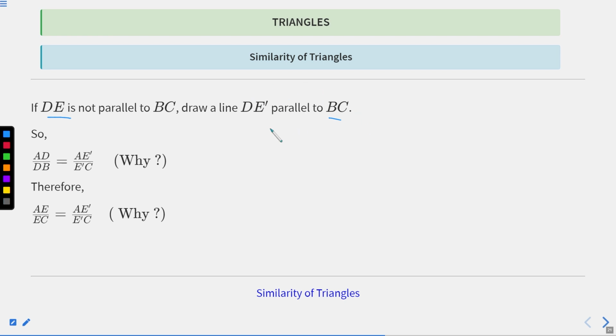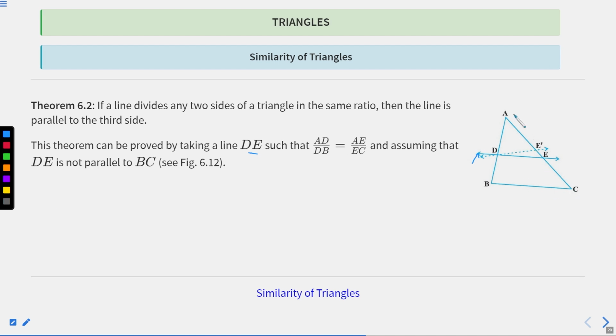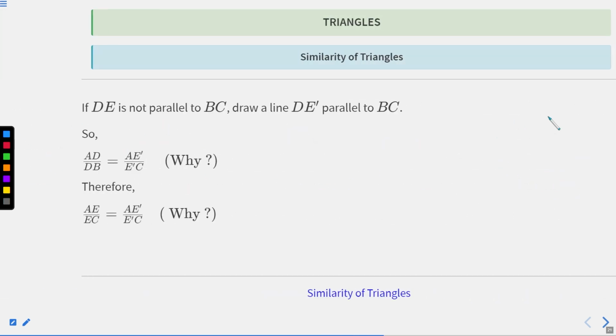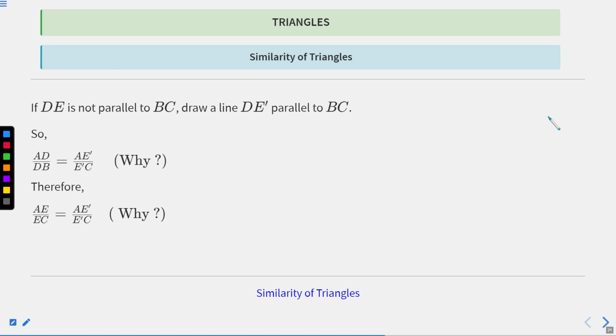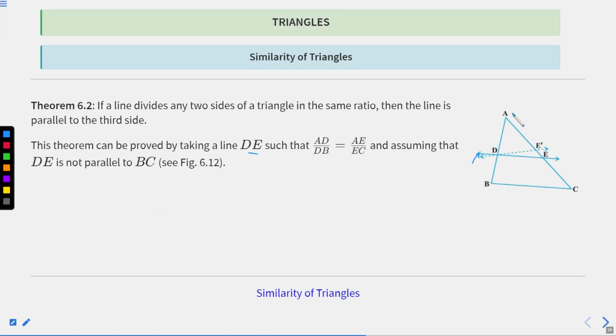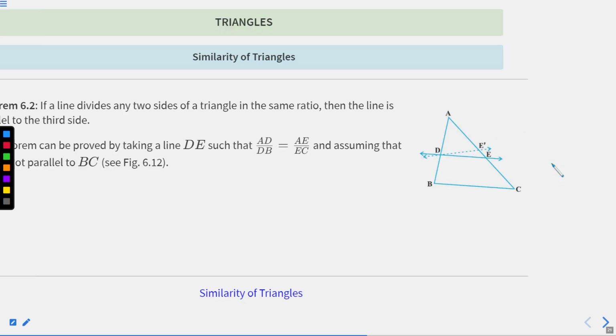Therefore AD over DB is equal to AE dash over E dash C, and also AD over DB is equal to AE over EC, so AE over EC is equal to AE dash over E dash C.